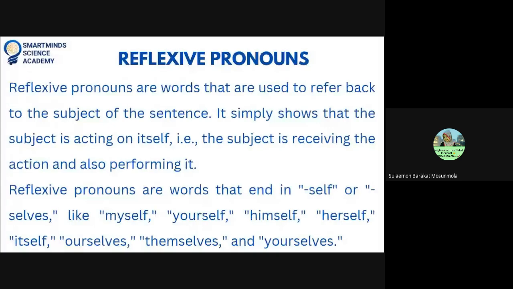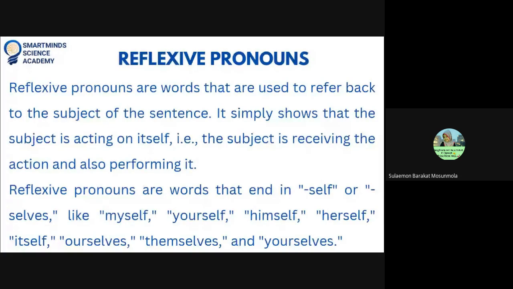It simply shows that the subject is acting on itself. The subject of that sentence is acting upon itself, just like Elena typed. It means when something bounces back upon itself. So in reflexive pronouns too, it shows that the subject is acting on itself. That is, the subject is receiving the action and also performing the action.